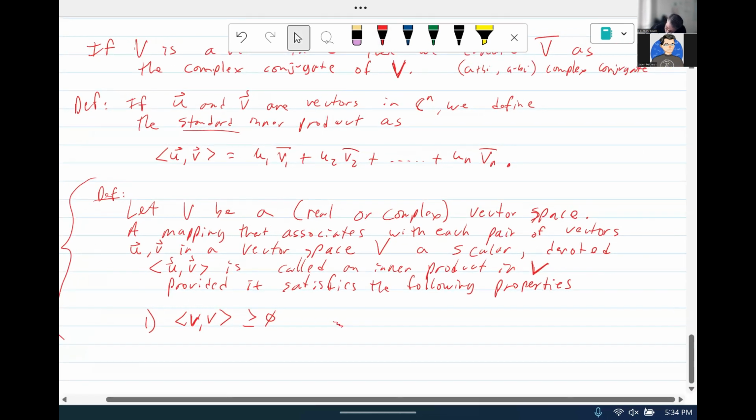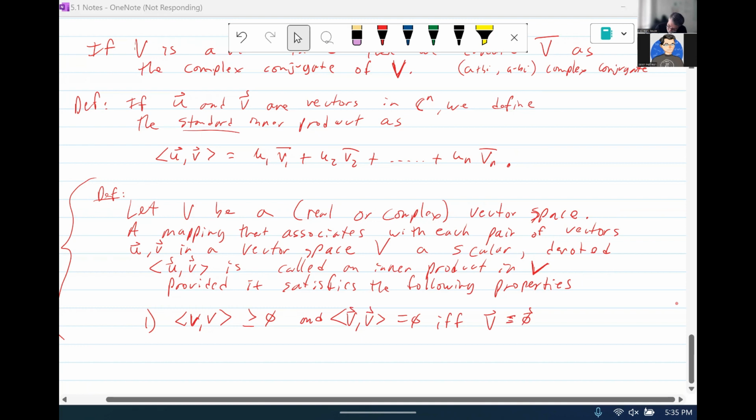And the inner product of V with V equals 0 if and only if V is equal to 0, the zero vector.